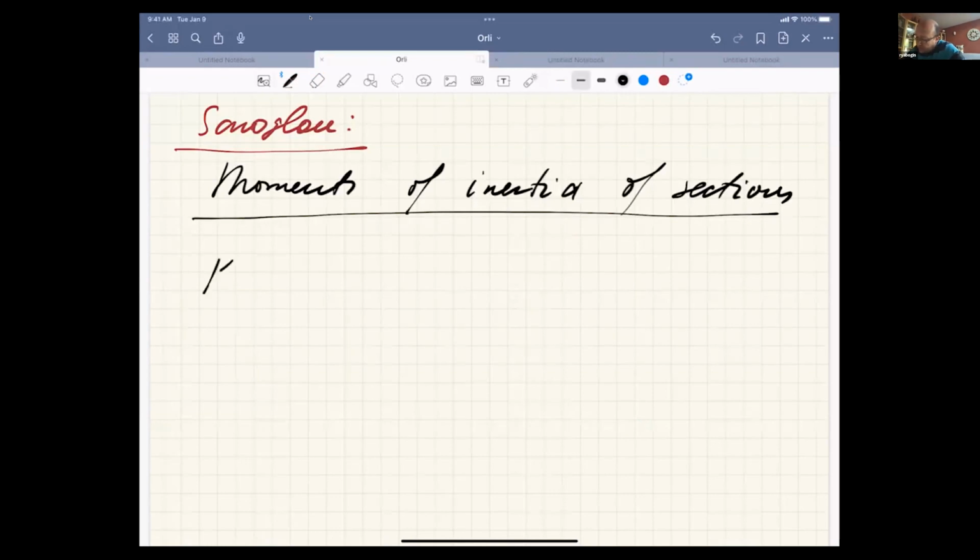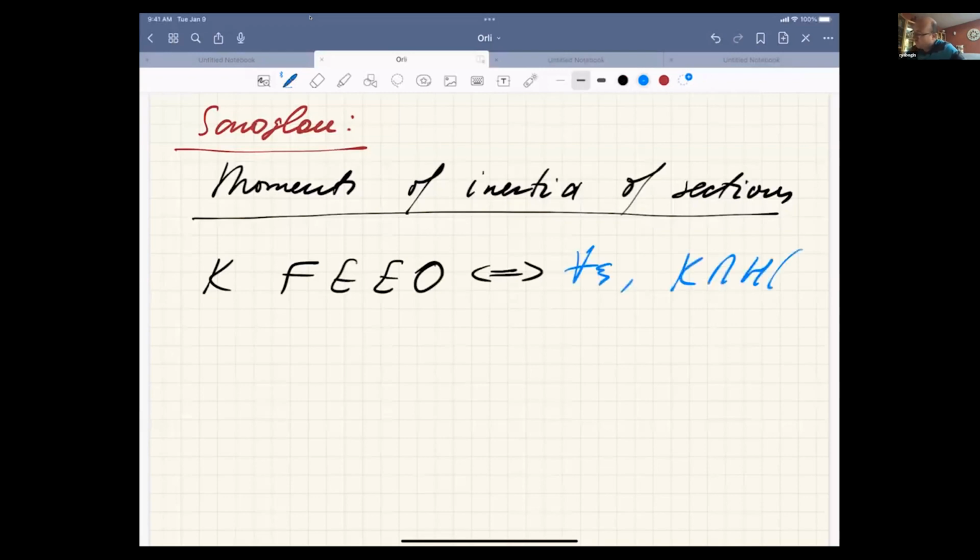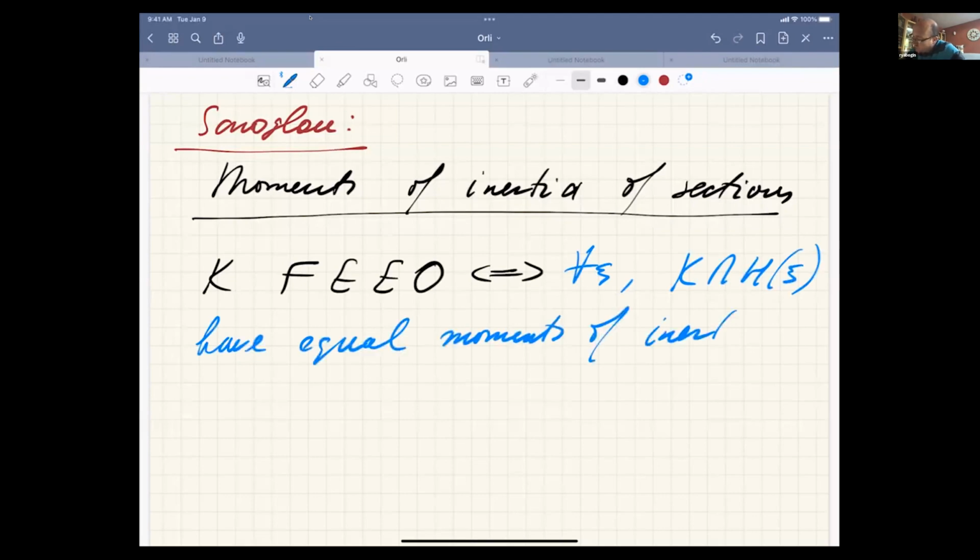The body K floats in equilibrium in every orientation if and only if all sections, for any psi, the sections of your body by the water surface have equal moments of inertia. Let's assume for simplicity that this is minus K.